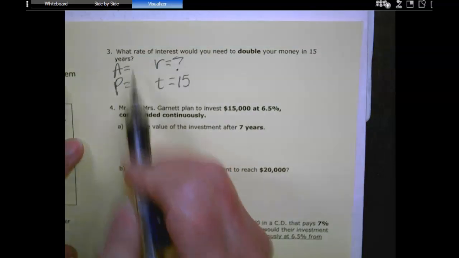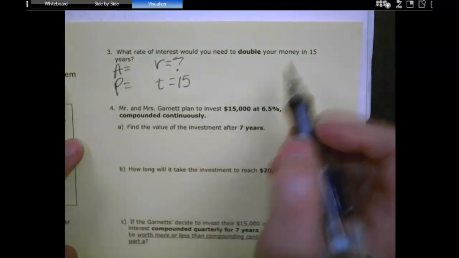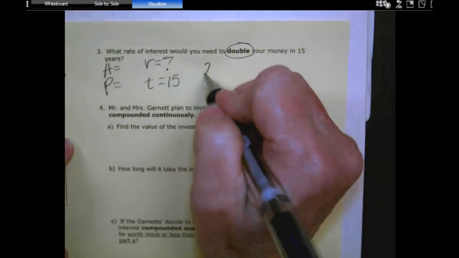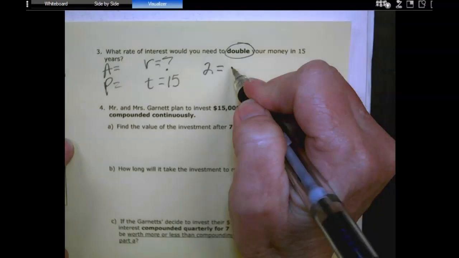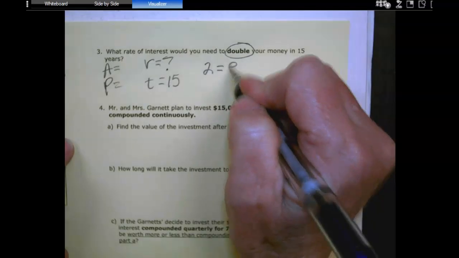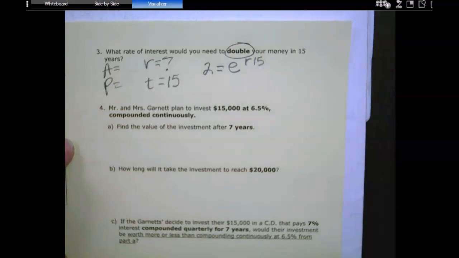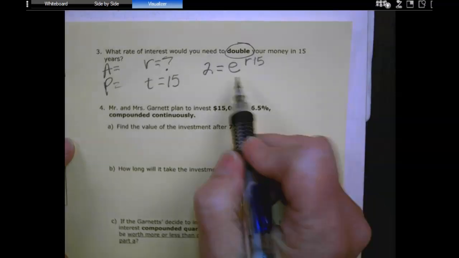But I don't have an A and a P. But what I do have is double. So we're going to say 2 is going to equal e to the r times 15. I need to take the r out of the exponent. I'm going to use the natural log because of the e.